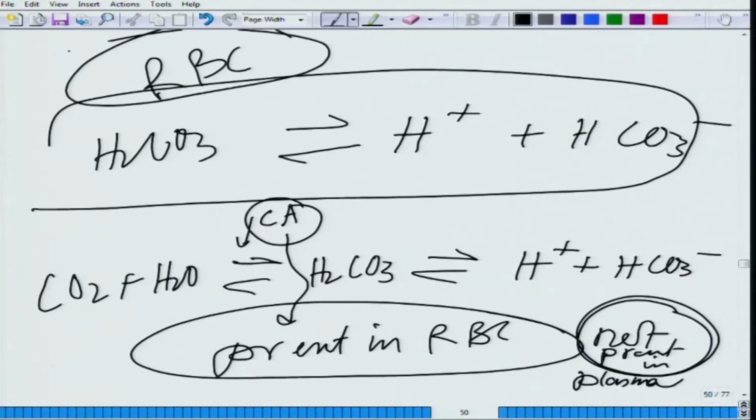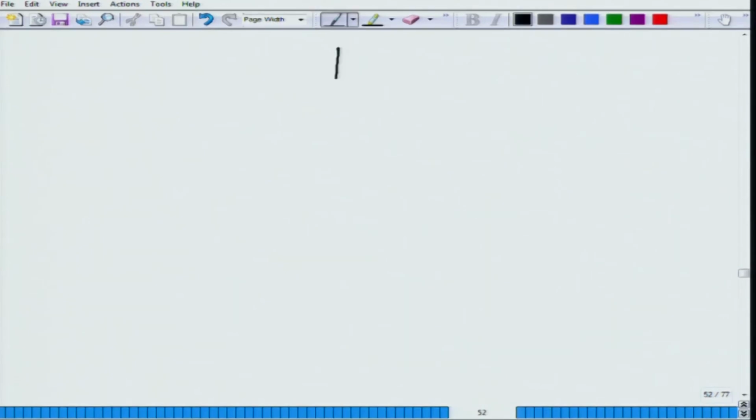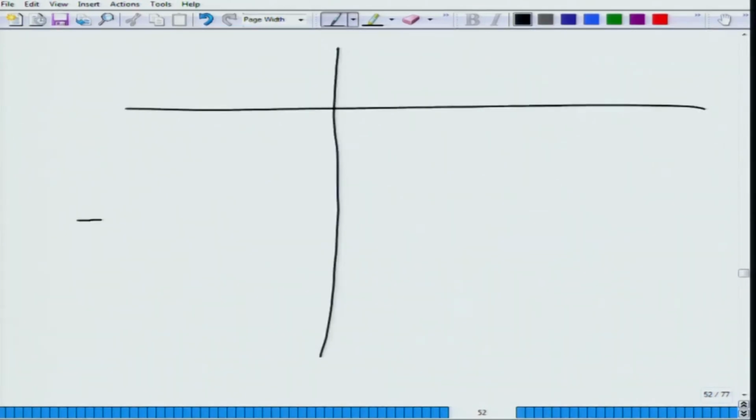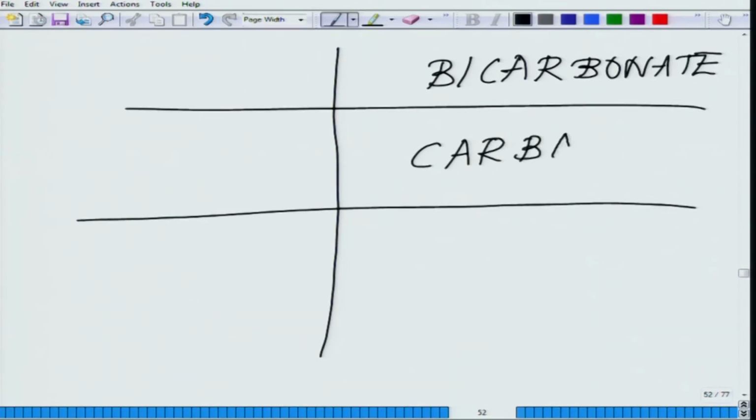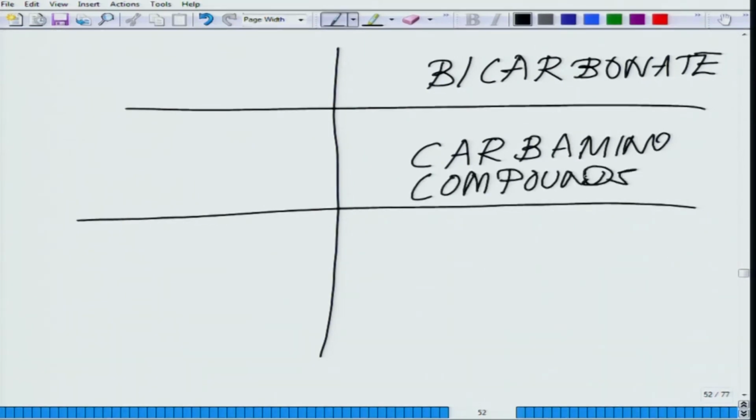Okay. And if you have to do a complete outline of how much each of these components contributes to carbon dioxide travel, then let us enumerate them. One is the bicarbonate we talked about, then carbamino compounds, and then dissolved CO2.